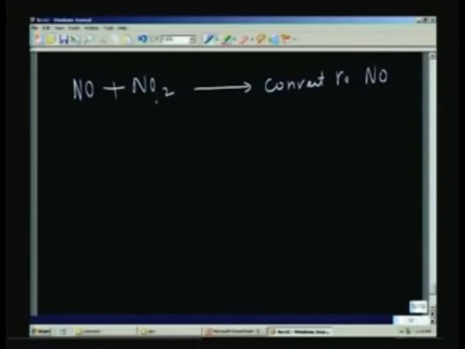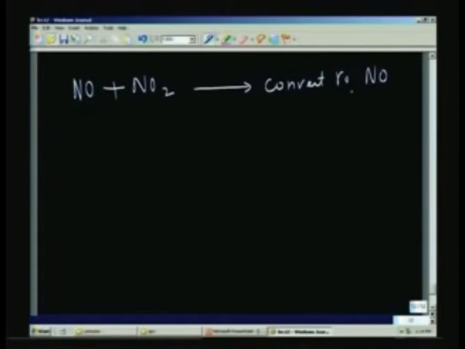If I have a mixture of nitric oxide and nitrogen dioxide, what I can do is convert this all to NO. That means that NO is already there, and there is some NO2 in the sample gas.